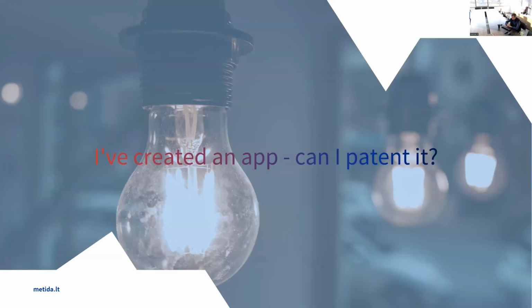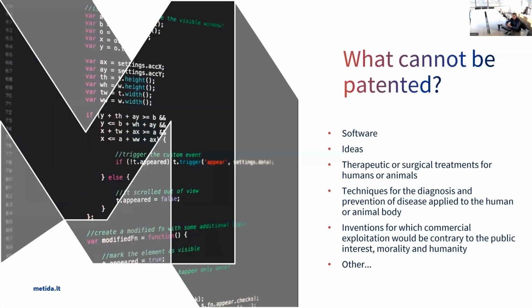And also a very important question about software, possibly. A lot of startups nowadays usually create programs like app applications. So that's why we need to talk a little bit about what cannot be patented. And in this case, we see that a lot of things cannot be patented.